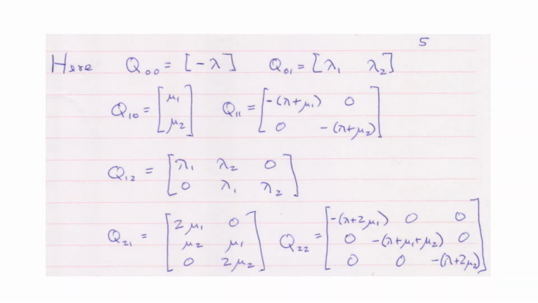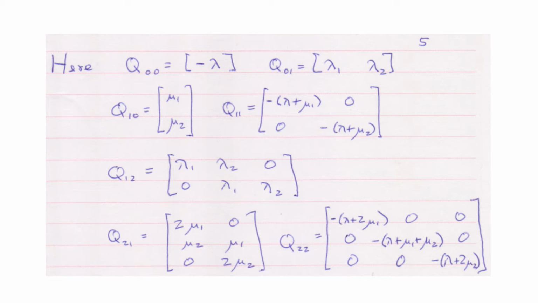The components of our Q matrix are in fact matrices themselves. So in the matrix Q, we have various matrix entries. Q00 is just a 1 by 1 matrix with entry minus lambda.